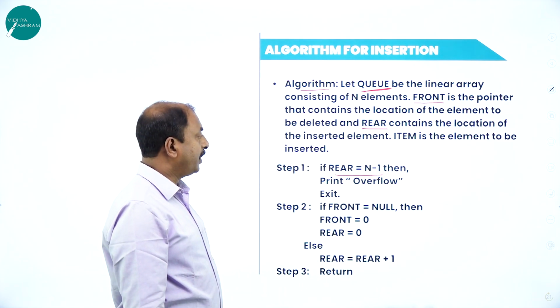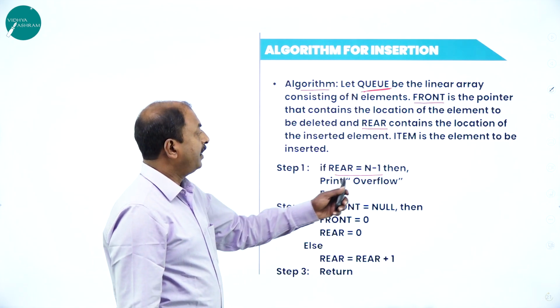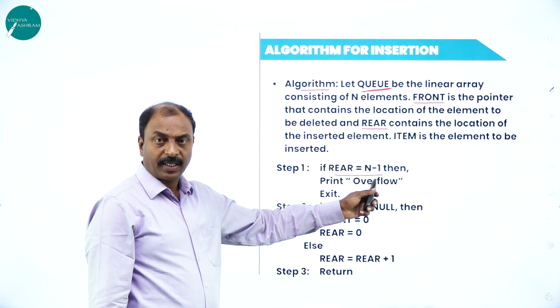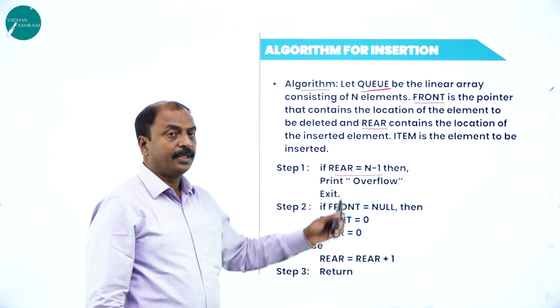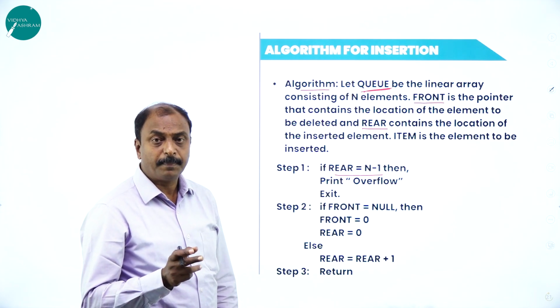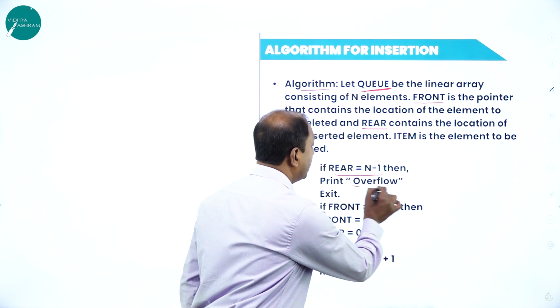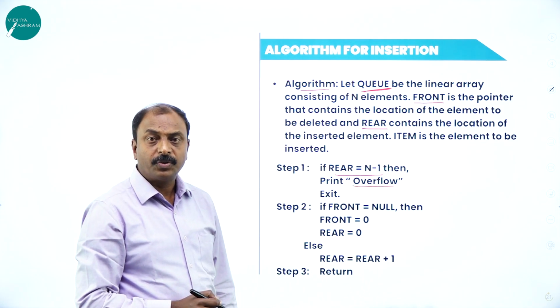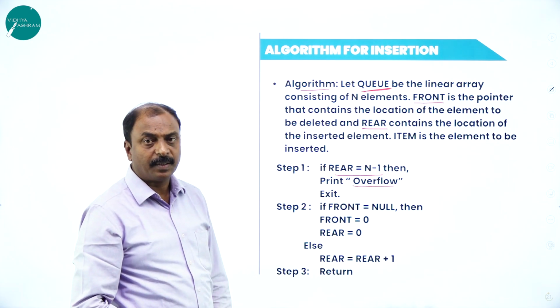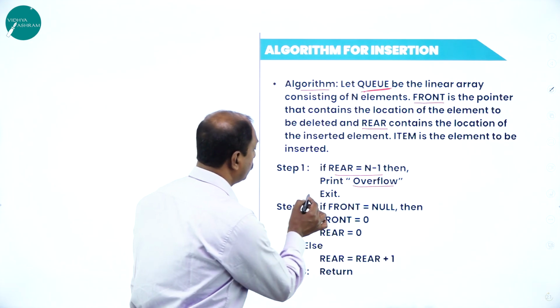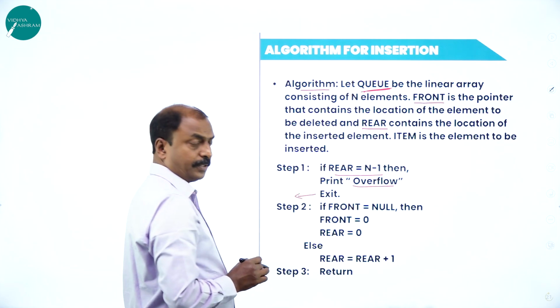Here n-1 is the last index of the array. If the rear pointer reaches the last index, it means the queue is full, or overflow. Then it is not possible to insert any new data item into the queue, so we have to exit this operation.